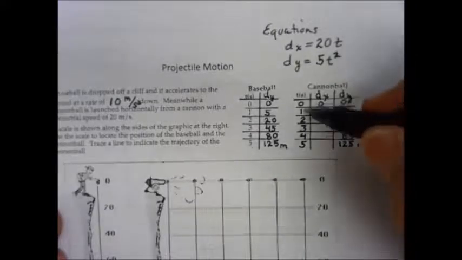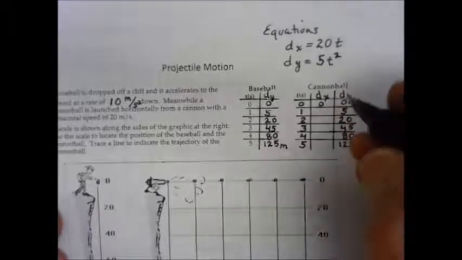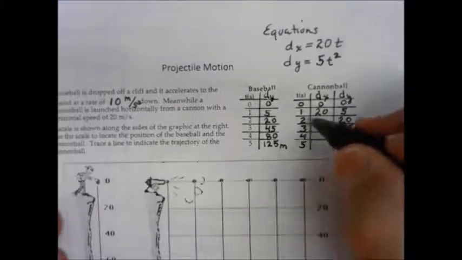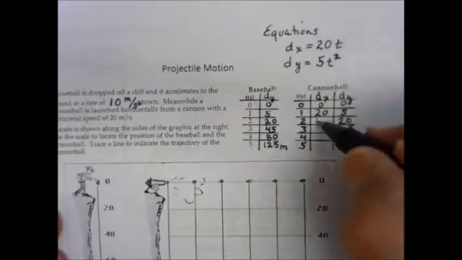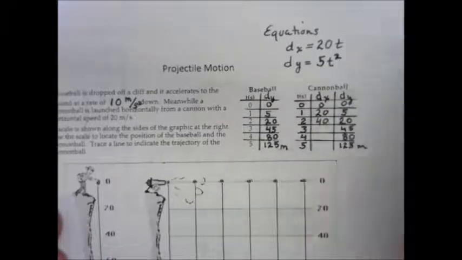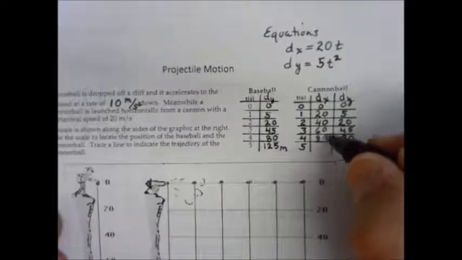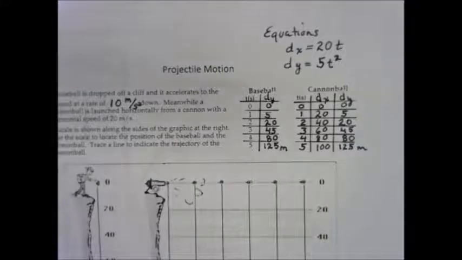At t equals 1, dx is equal to 20. At t equals 2, 2 times 20, dx is equal to 40. And I believe I see a trend here: 0, 20, 40, 60, 80, 100. Okay? So we have our data tables completed.